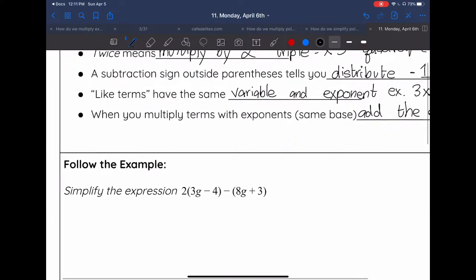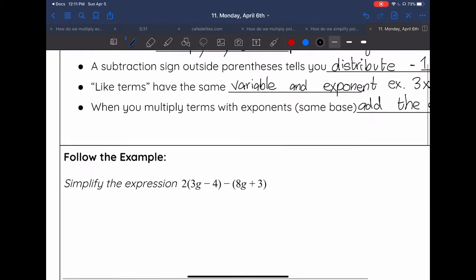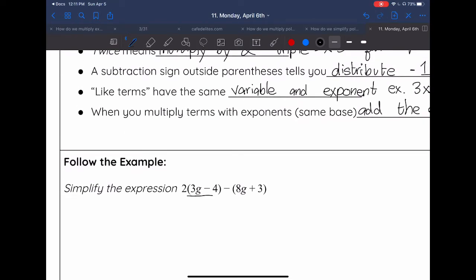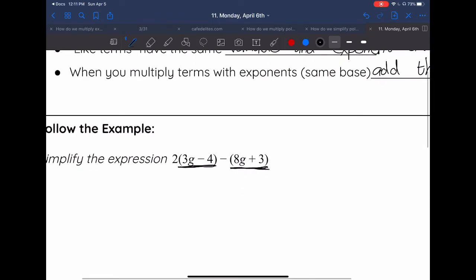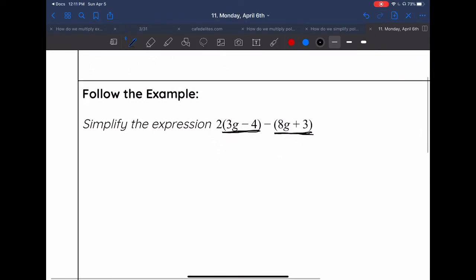So if I look at my example, I'm simplifying this expression. This 8g plus 3 is being subtracted from 2 times 3g minus 4. So I'm putting this 3g minus 4 on top. Let's actually try and do this.